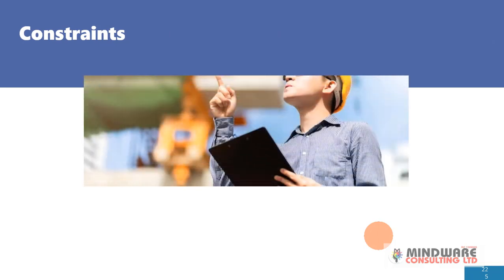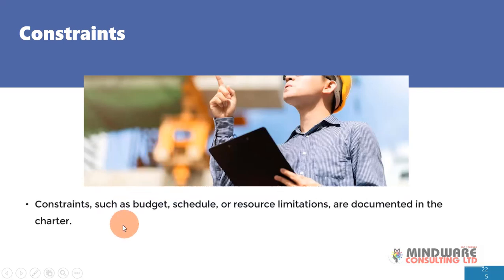Next is constraints. A constraint such as budget, schedule, or resource limitations is documented in the charter. So while developing your charter, you have to outline the constraints that can actually impede your project's progress. Those constraints include your budget, the schedule, which is time allocation, and the resource limitations.